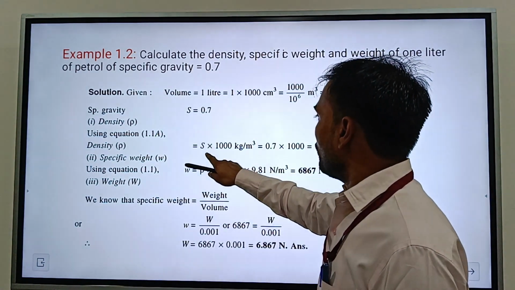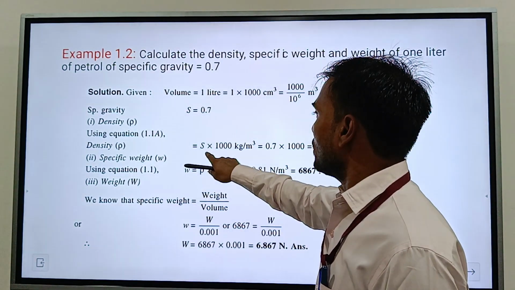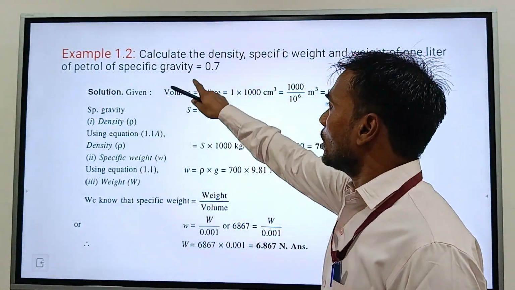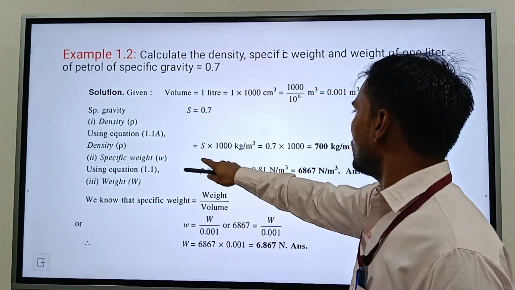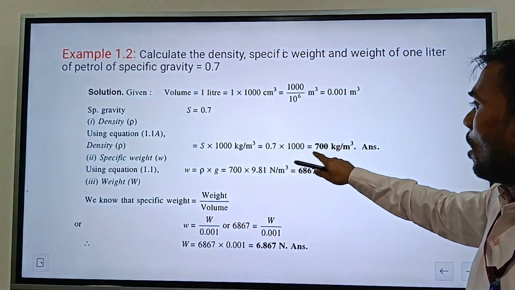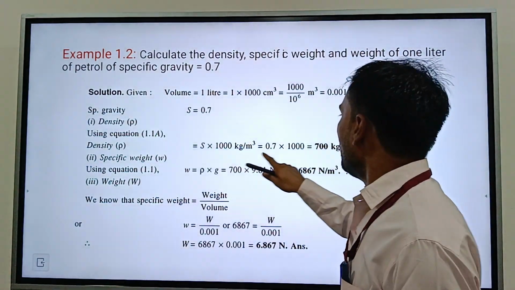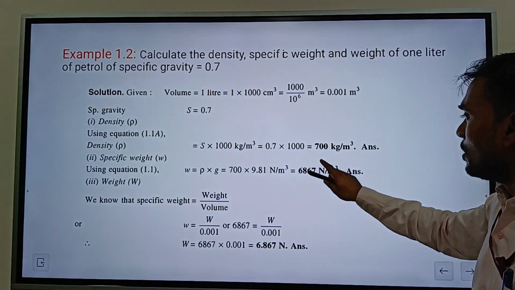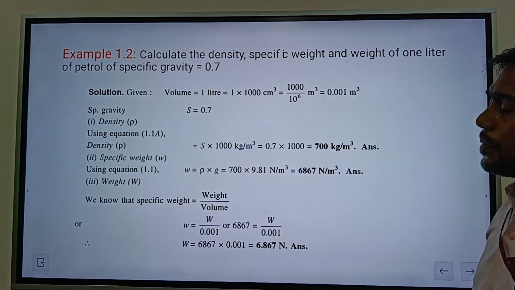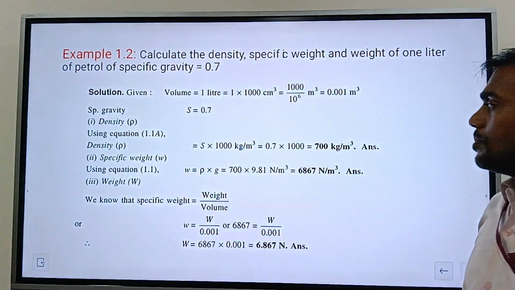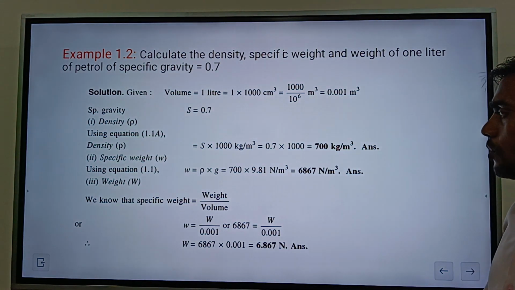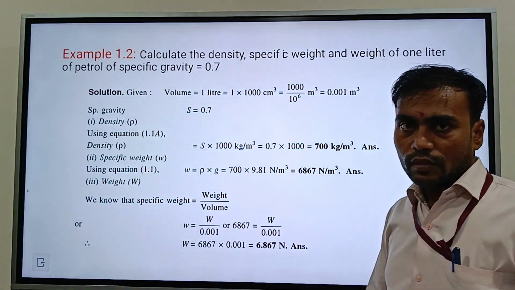So if you put the specific gravity, the density of the given fluid can be calculated. Put S equal to 0.7. The final value of density will be 0.7 into 1000, that is 700 kilogram per meter cube. Next, specific weight. Specific weight means W equal to rho into g.